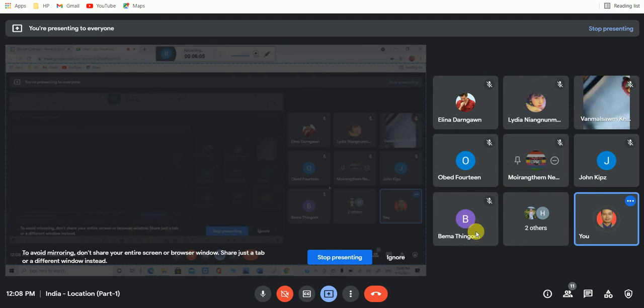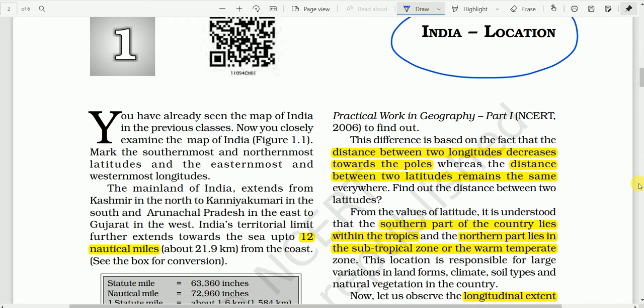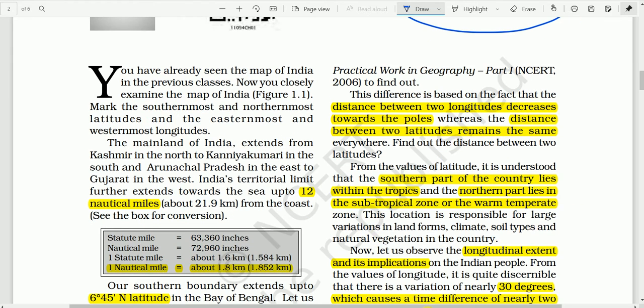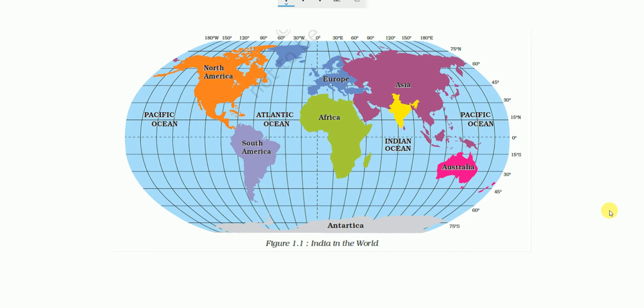Now you tell me, where is India located? Okay, this is about India location. So I will show you one map. Just see here. Do you remember this map?